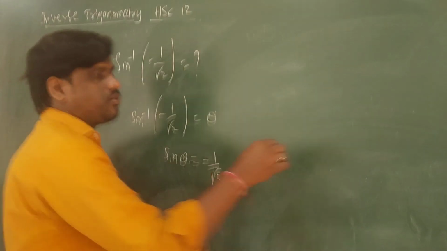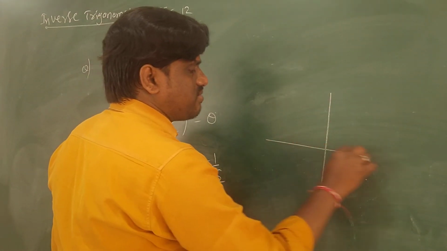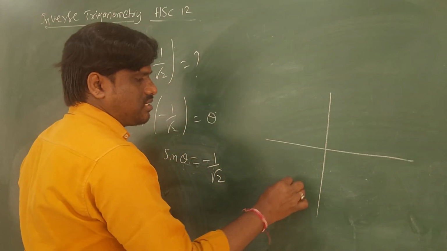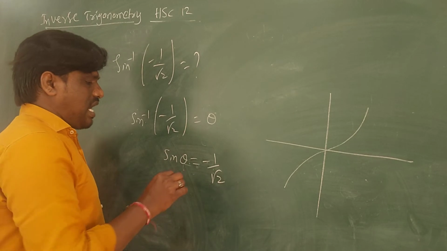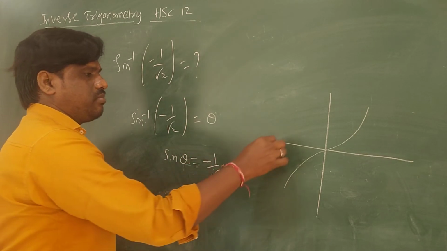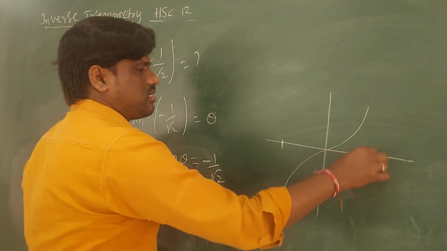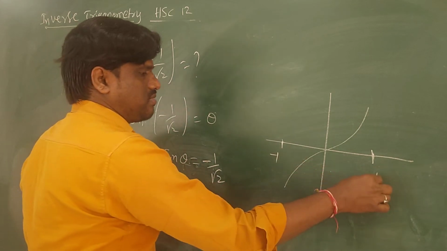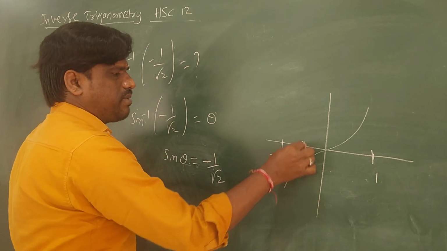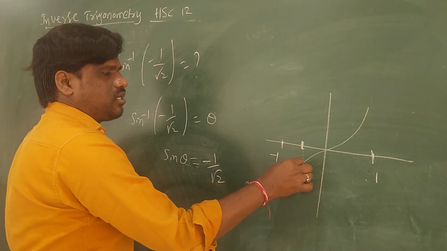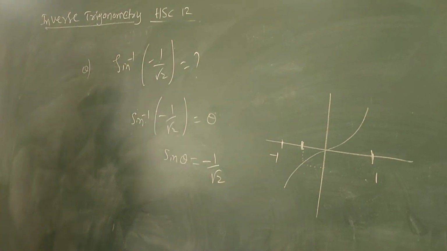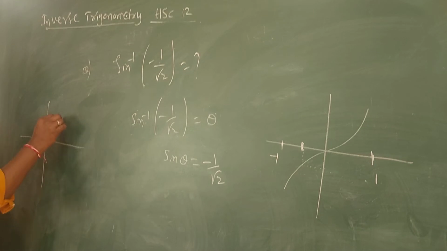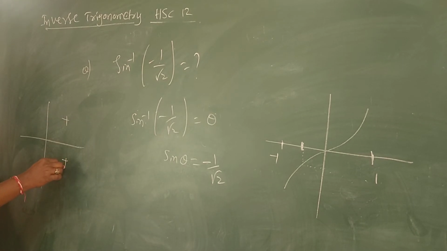So I have to take, you remember that the sine inverse function graph is like this. This is the graph of sine inverse x. And I have to take minus 1 by root 2, which is between minus 1 to 1, somewhere here. So you have to not cross, see here, what I want to say here, sine is positive in the first quadrant and the second quadrant.